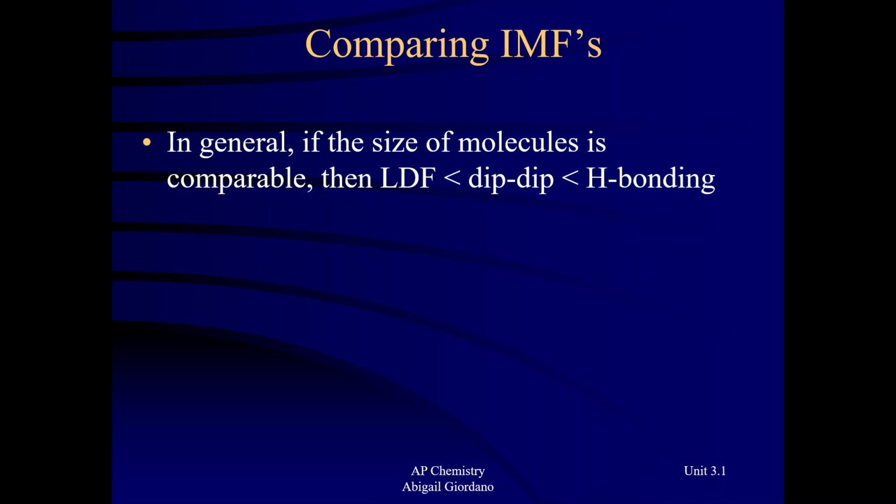So in general, you can use just how many intermolecular forces are at play as a guide for things like melting, boiling point, heat of vaporization. Now that's if the size of the molecule is comparable.